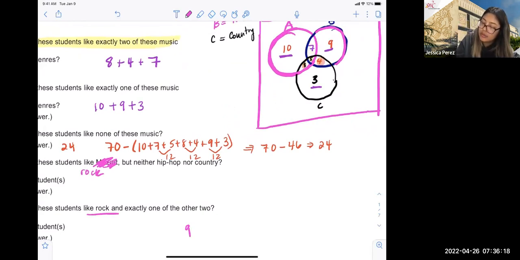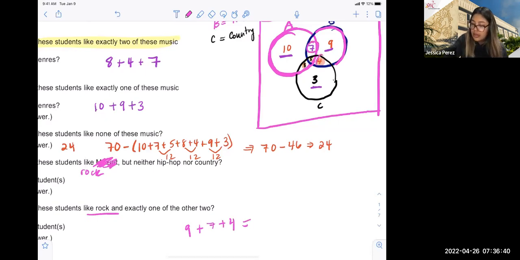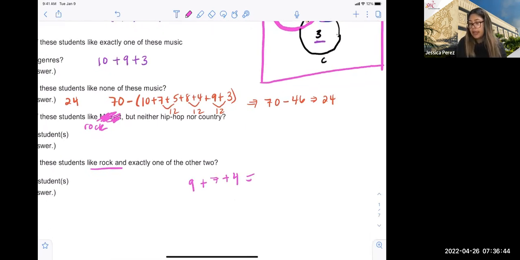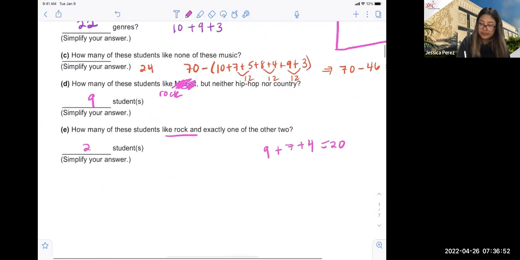So exactly one of the other two would be either this plus 7 and then plus 4. You would count the 7, and you would count the 4. So 9 plus 7 plus 4, we have 11, and we would have 20.